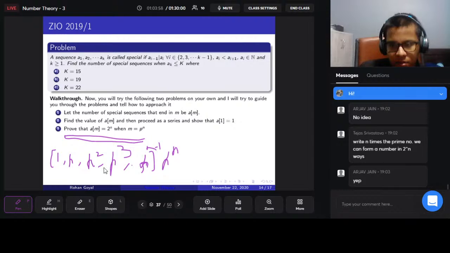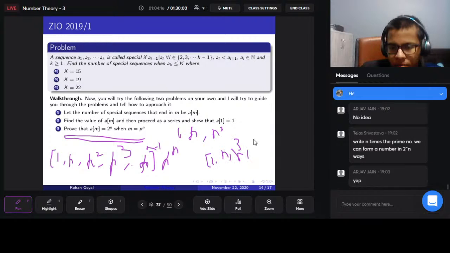So say if you pick some set 1, p and p cubed, then a valid sequence is 1, p cubed, p to the n. Do you see what I just did? So I directly get that if m is a power of p, then the value of a_m is 2 to the n.